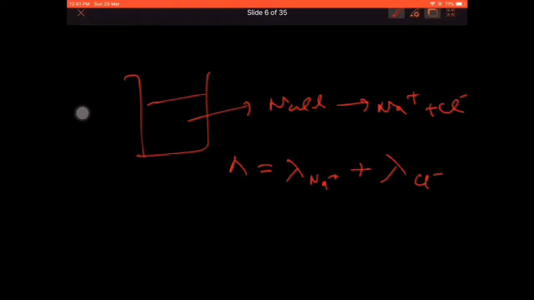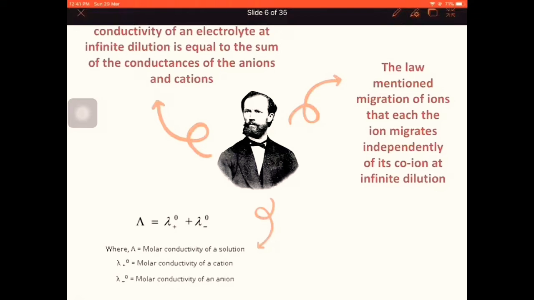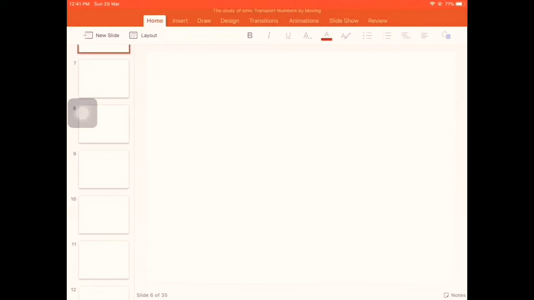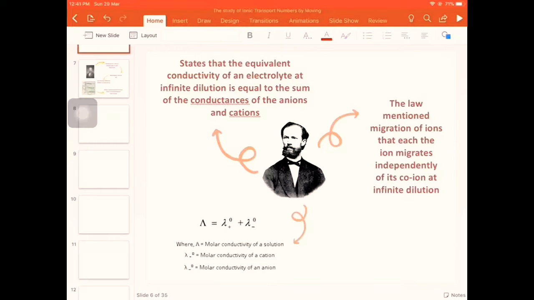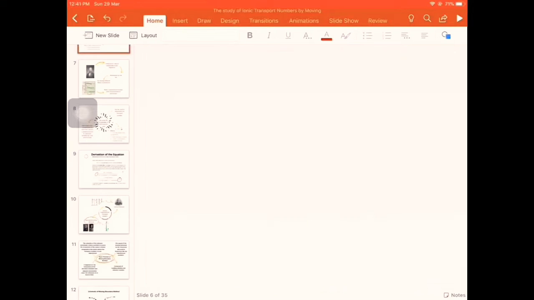From the law, we can relate this to the migration of the ions: each ion migrates independently of its co-ion at infinite dilution. What is meant by this?